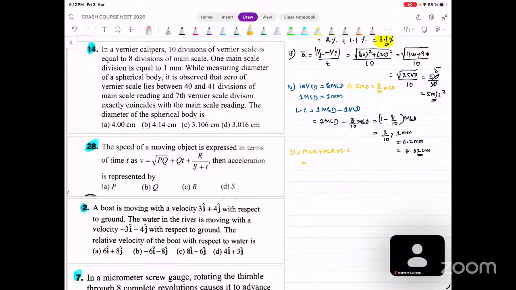It is given in the problem, look. While measuring the diameter of the spherical body, it is observed that 0 of the vernier scale lies between 40 and 41 divisions of the main scale. Isn't it? That means the main scale reading will become how much, beta?